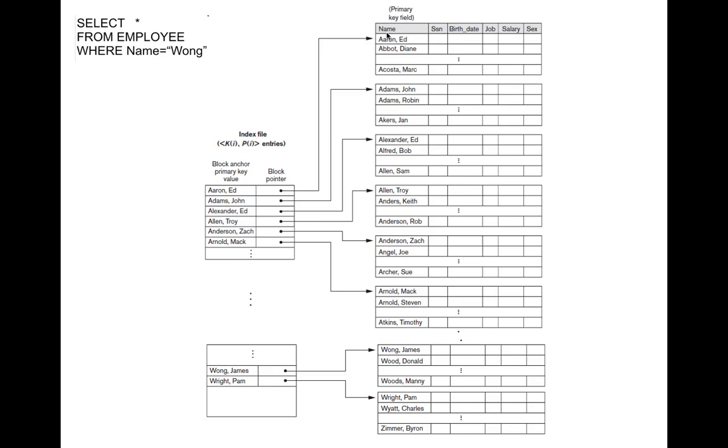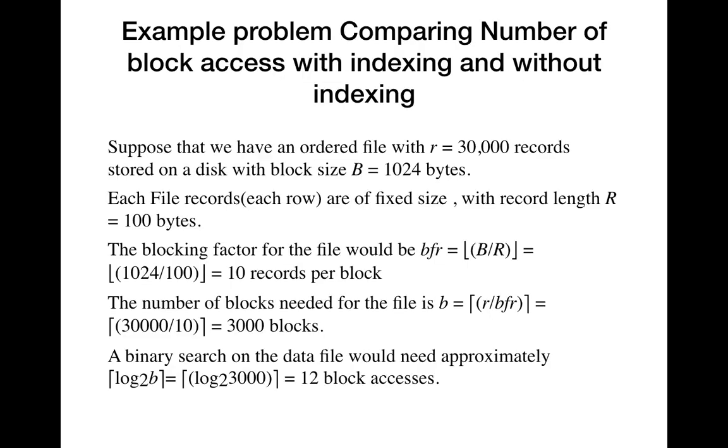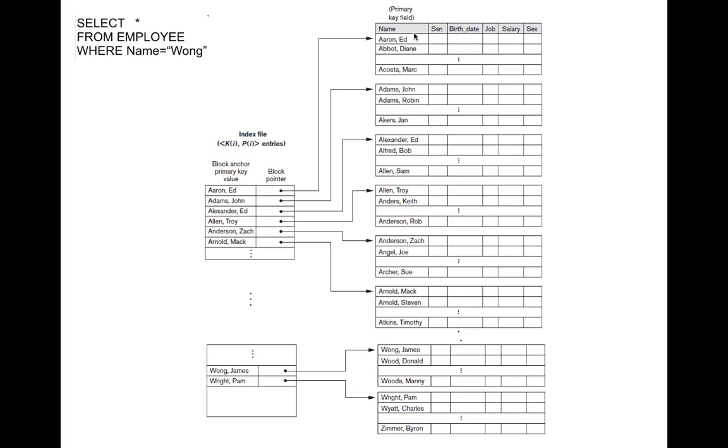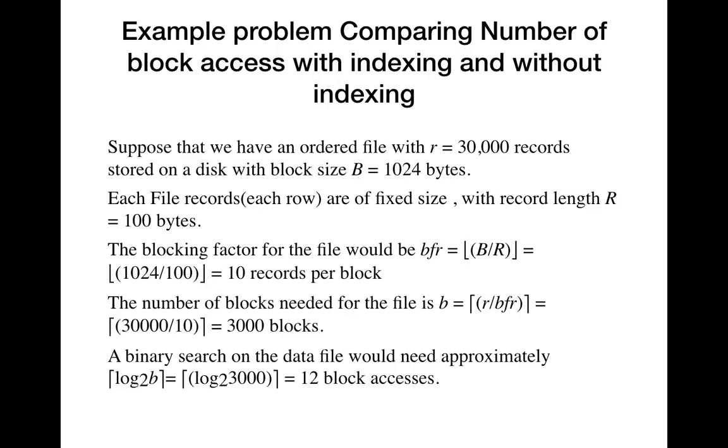So with that notion, we can try to solve a numerical problem to understand how indexing can speed up the retrieval process. For that, let's take an example. Let's imagine there are a total of 30,000 records in our database. That is, if this is the database, it consists of 30,000 rows, and we have considered the block size to be 1024.